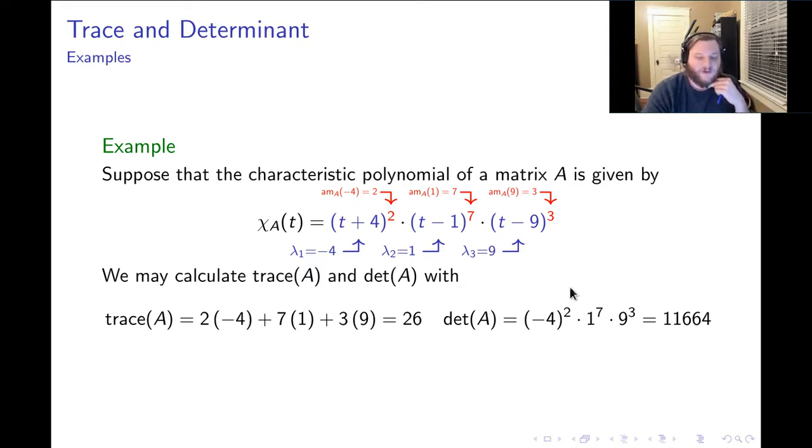Then we multiply by 9, the next eigenvalue, raised to its algebraic multiplicity, which is 3. And when we multiply these numbers together, it turns out we get 11,664. So whatever matrix we're studying, we know that its determinant is 11,664. Cool. And we're able to conclude all this without even knowing the matrix here, because someone was kind enough to hand us the factored characteristic polynomial.